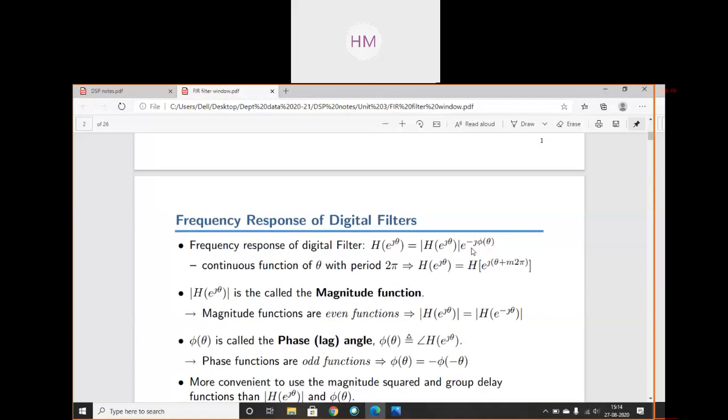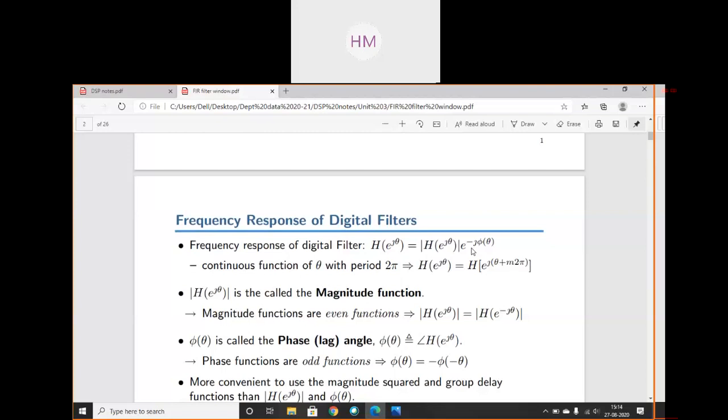Digital filters are classified as finite impulse response or infinite duration unit impulse response. We all know FIR and IIR. In an FIR system the impulse response is of finite duration, that is, it has a finite number of non-zero terms.